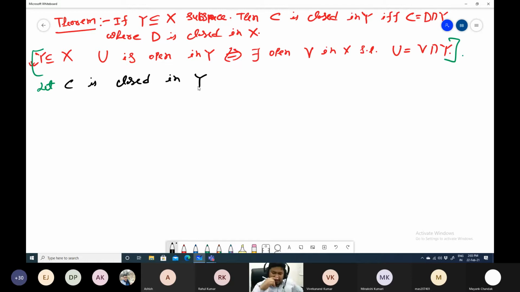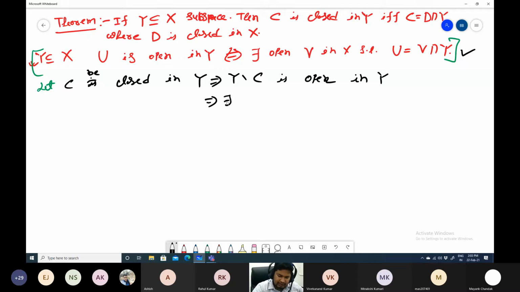Okay, now what does it mean for C to be a closed set in Y? So that means Y minus C is open in Y, right? Now we use this definition.